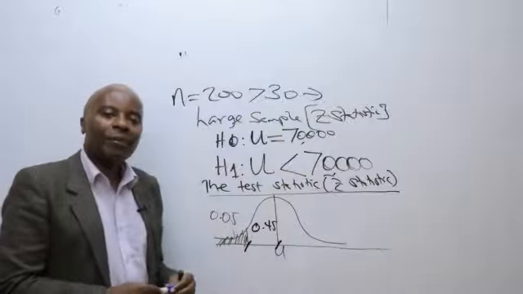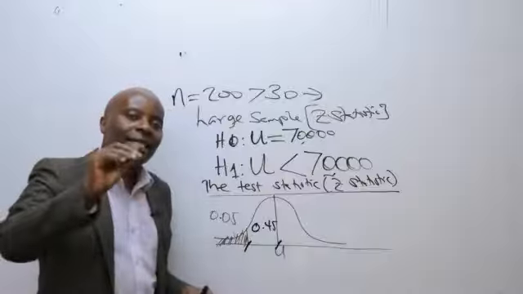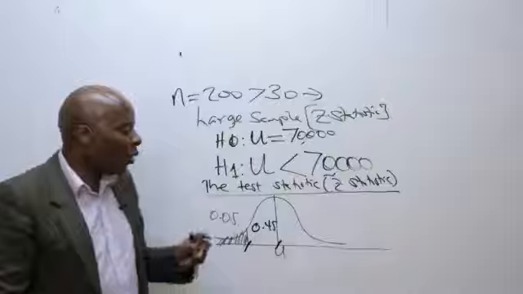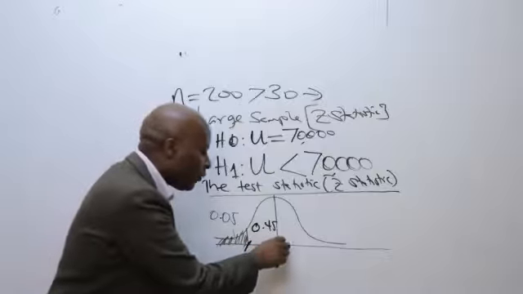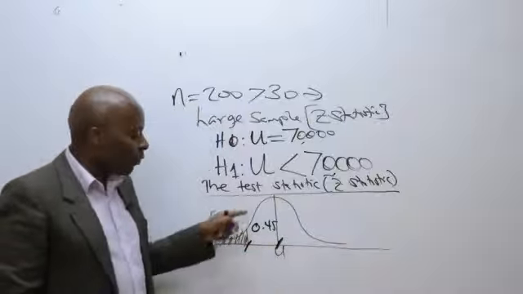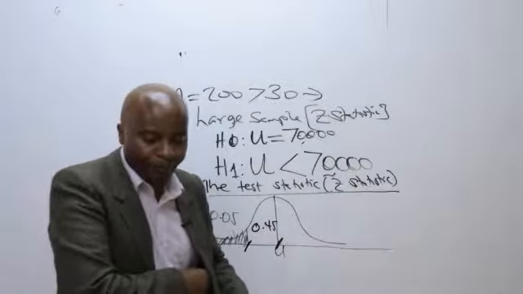Now remember our work in hypothesis testing regarding this z-statistic. Our work now will be to go to the table and read the area from the mean. This 0.45, please look for it.